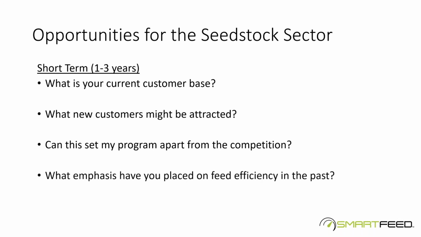Finally, what emphasis have you placed on feed efficiency in the past? In the short term, if we start testing bulls this fall on your weaned calf crop, what's the likelihood of us finding a unicorn? Again, that bull that converts very efficiently, is phenotypically very complete, and whose EPD profile is otherwise well balanced and has attributes that are going to be really well received by the buyer.